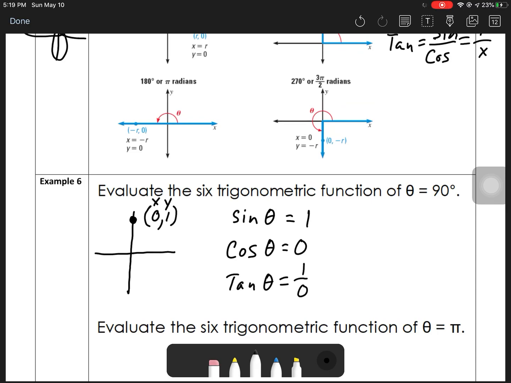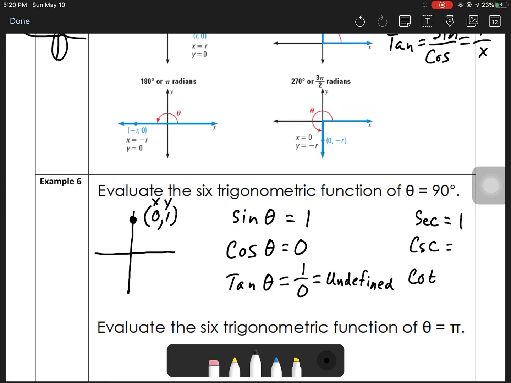Can you divide by 0? The answer is no. So what we're going to put for this is undefined. Now we need to do the reciprocals. So secant, cosecant, and cotangent. The reciprocal of 1 is just itself.